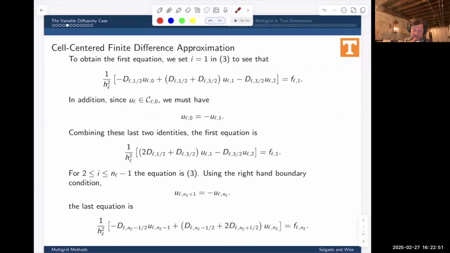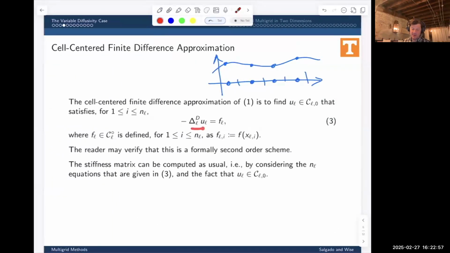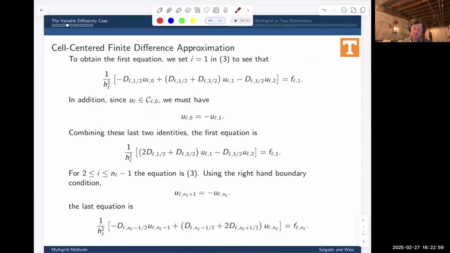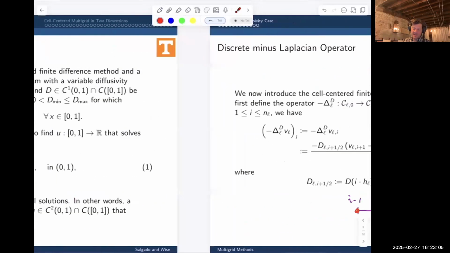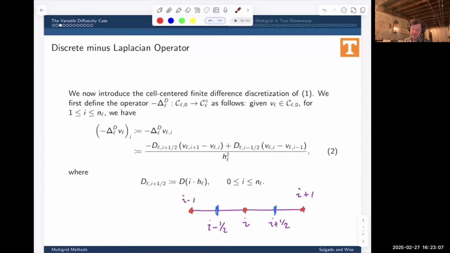To obtain the first equation, we're going to set I equals 1 in equation 3. That's our finite difference approximation here. With I equals 1, the way I wrote it the first time, I didn't gather terms together, but you'll notice that this term here and here can be combined rather than left as two separate terms. I can use the distributive property to pull out coefficients.